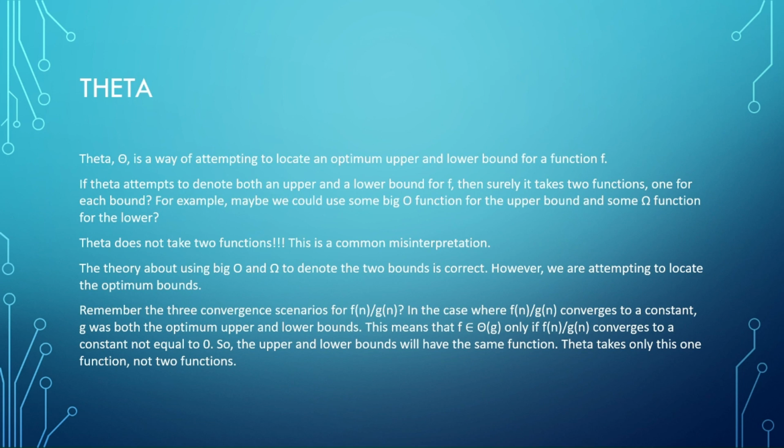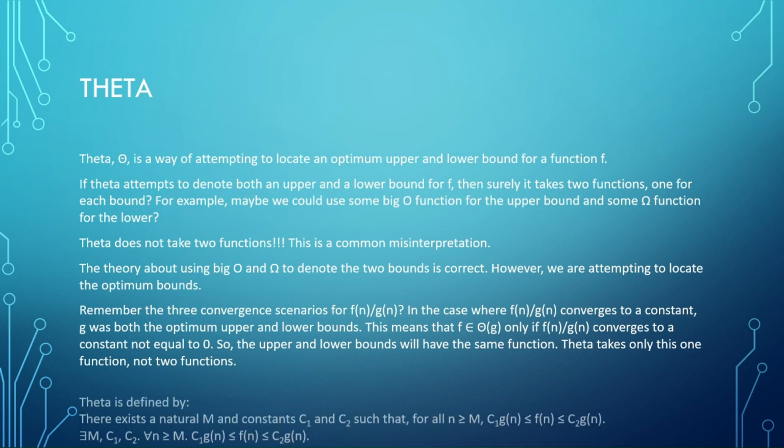So of three convergence scenarios, infinity, a constant, or 0, it must converge to a constant not equal to 0. So the upper and lower bounds will have the same function, big O and omega. Theta takes only this one function, not two functions.